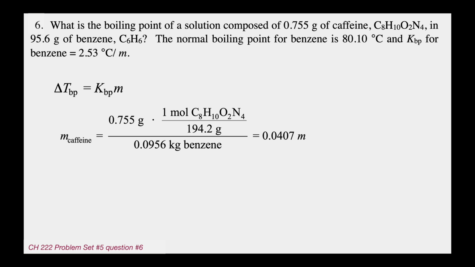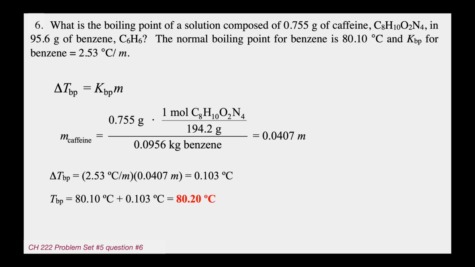Now we've got molality and we have the boiling point constant, 2.53. We'll multiply those two together to get the change in the boiling point. And that change, that delta T, is 0.103 degrees. So if benzene normally boils at 80.10, the benzene caffeine solution will be 0.103 degrees higher.